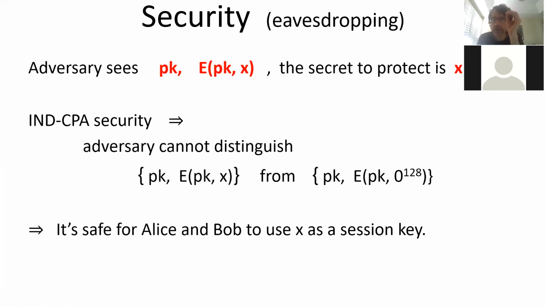Because if he cannot, then you have an attack on indistinguishability of encryption. The reduction picks an X, and chooses as the challenge pair M0 equal to X, and M1 the all zero string.